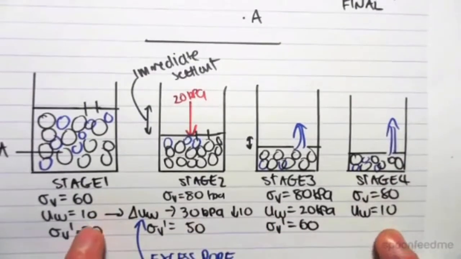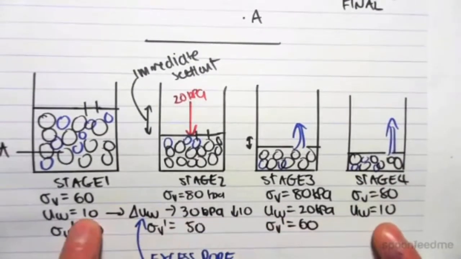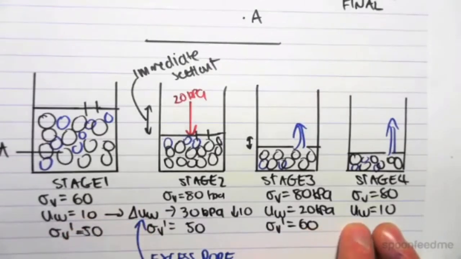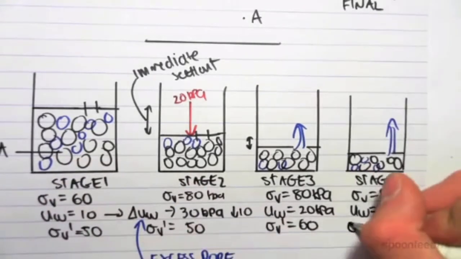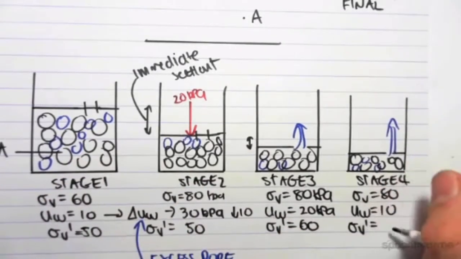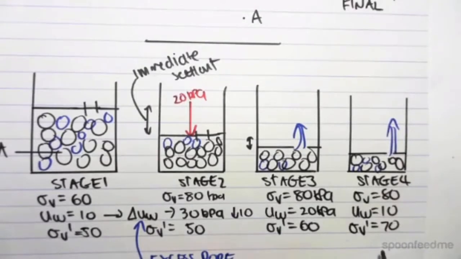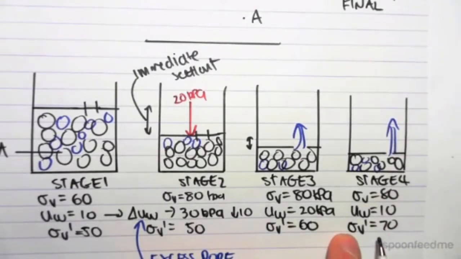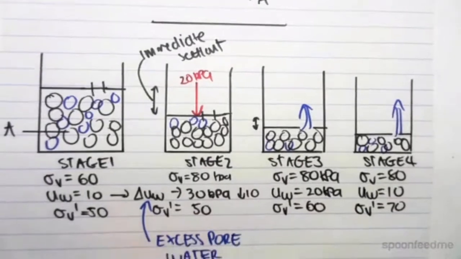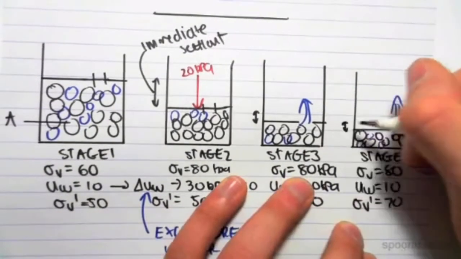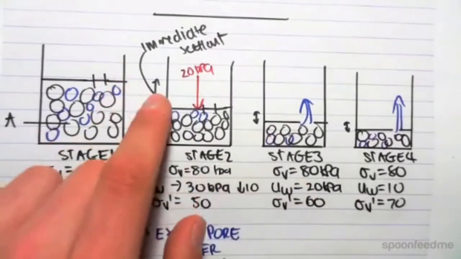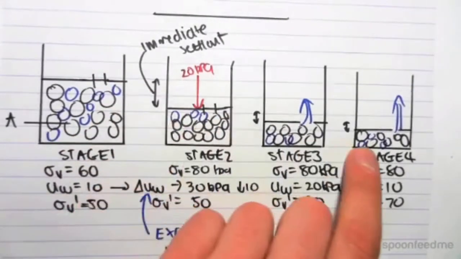So you can see that we went from 10 to 30 to 20 back to 10. So we have no excess pore water pressure now. All the excess pore water pressure is gone. We still have the original pore water pressure of 10 kPa though. And now our effective stress is 70 kPa. So you can see that the soil is doing even more work now as more excess pore water pressure escapes. And once again we'll get further settlement. So this all occurs over time, from time equals 0 to time equals infinity.